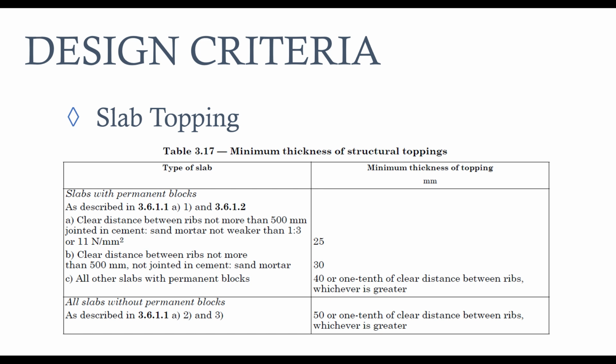So in that case, your topping thickness will be between 50 millimeters or 1/10 of the clear distance. The clear distance in this case is 750. So 1/10 of that is 75 mm. That means for you to design that slab properly, your slab topping should be 75 mm. So when it is 75 mm, then it fulfills the criteria for minimum topping.